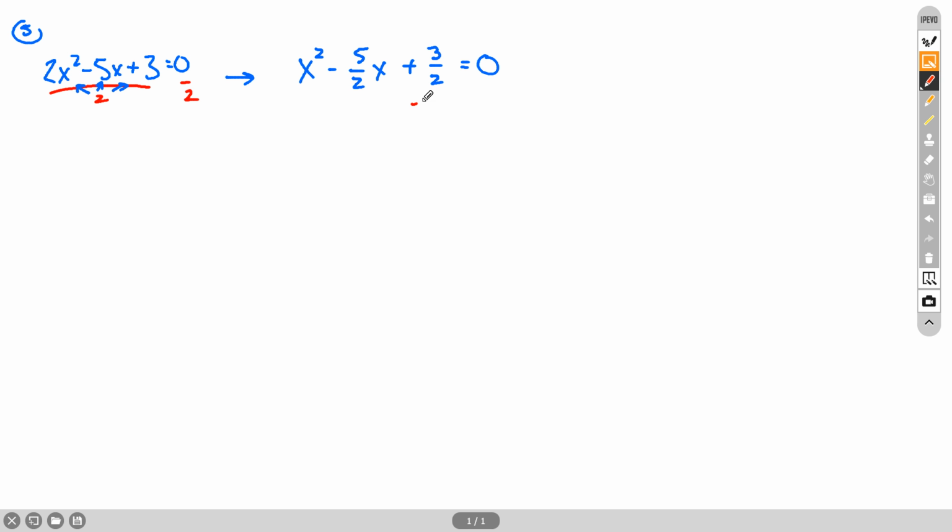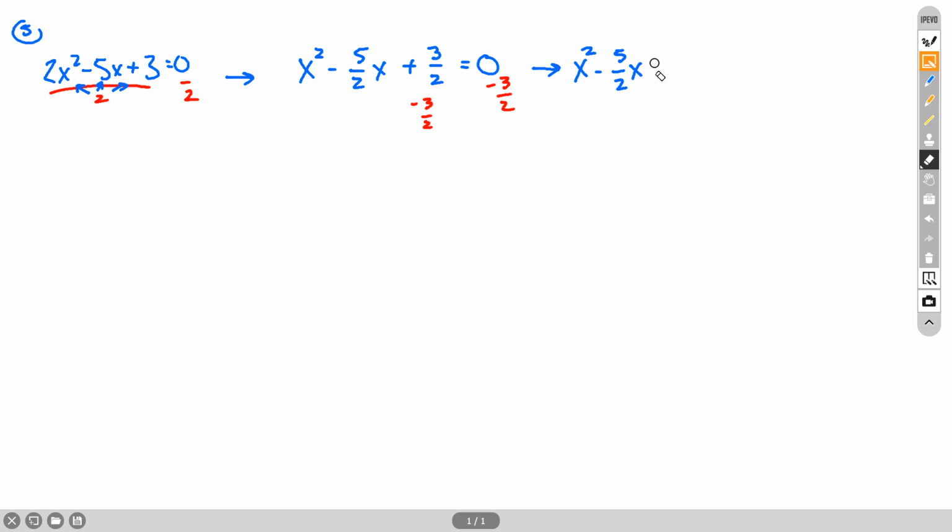Let's get that 3 over 2 onto the other side. And guys, do not work with decimals. Always work with fractions. This is not going to be pretty if you work with decimals. It's going to be way better if you work with fractions, even though it's a little bit more difficult.